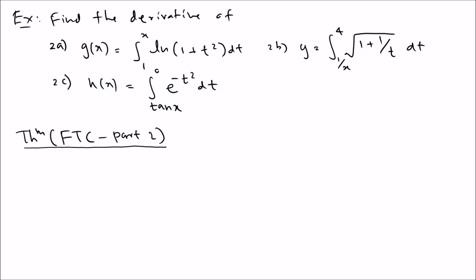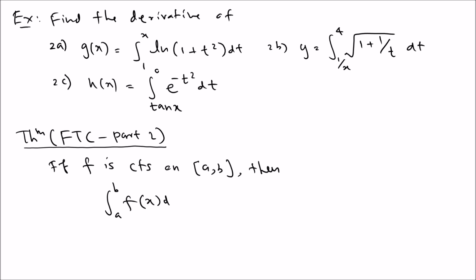So what it says, if f is continuous on the interval [a, b], then the integral from a to b of f(x) dx is simply equal to F(b) minus F(a).